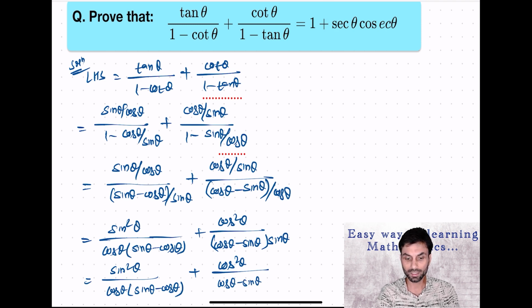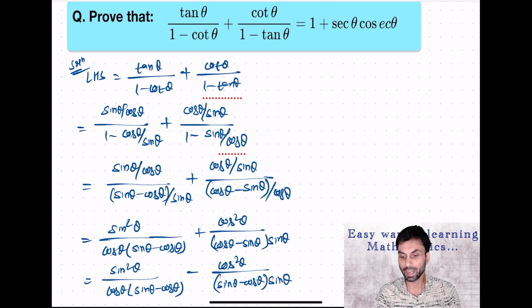Now in this case, rather than writing cos theta minus sine theta, if I write it as sine theta minus cos theta, then this plus sign we can write as minus, and this will become sine theta minus cos theta into sine theta.